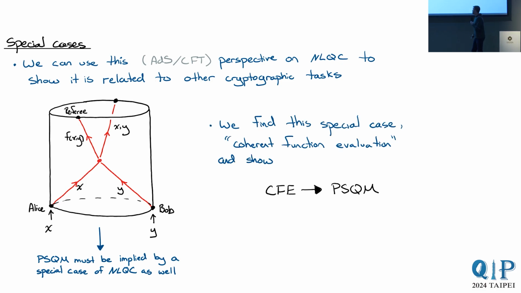One of the things that we do in the paper is actually find which special case that is. And actually the ADS perspective also tells you which special case, but I won't explain why. We find which special case it is and then show this implication just using standard tools. There's some special case that we call a coherent function evaluation, and it implies this PSQM.